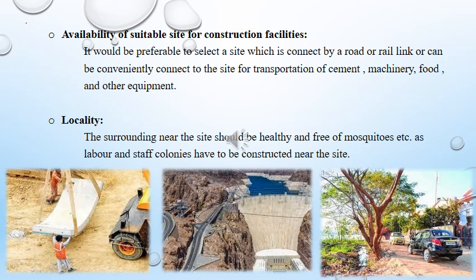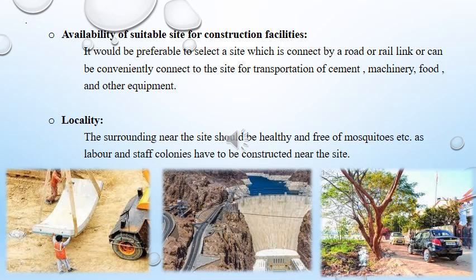So, the natural environment near the selected dam site should not be disturbed drastically. The entire surroundings near the dam site should be clean and hygienic and free from mosquito breeding. So, this is the site selection for the dam.